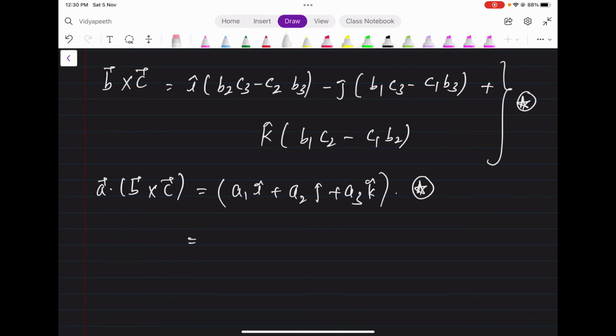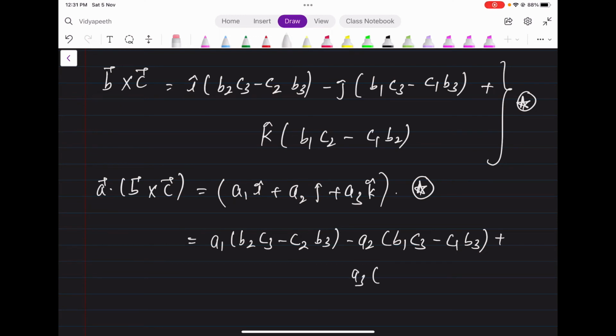So this is nothing but A1 times B2 C3 minus C2 B3. Yes or no? Next, minus A2 times B1 C3 minus C1 B3. And likewise, this is A3 times B1 C2 minus C1 B2.